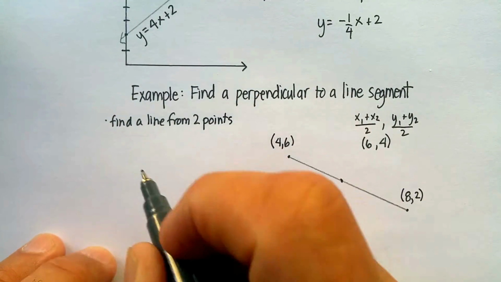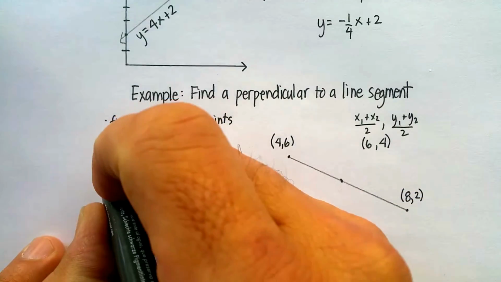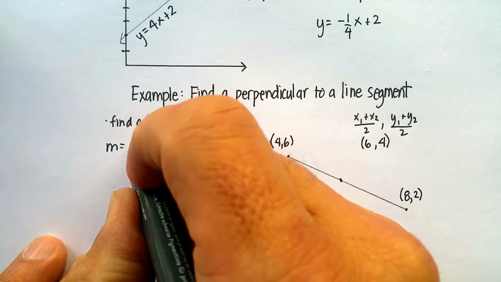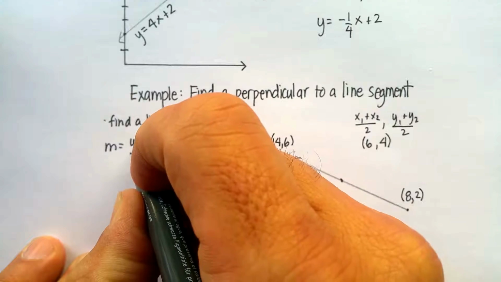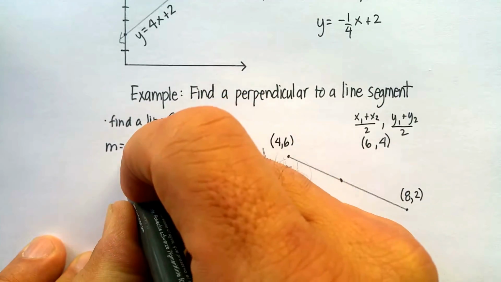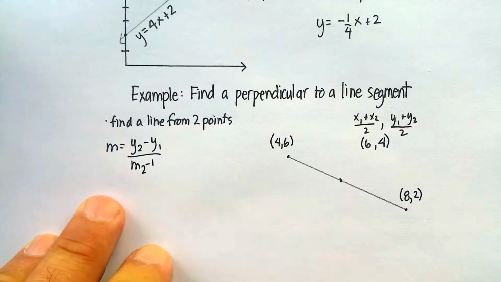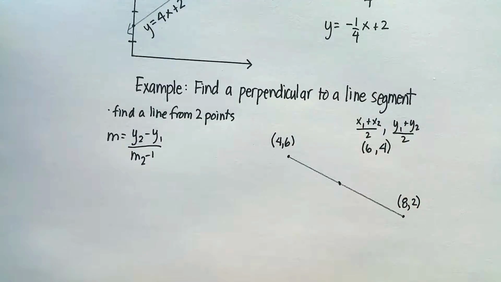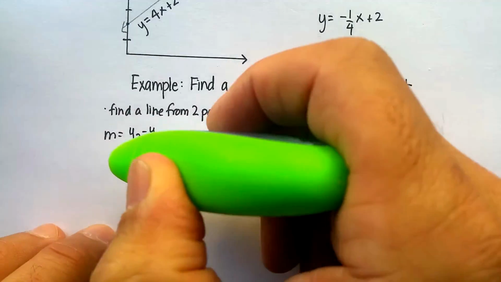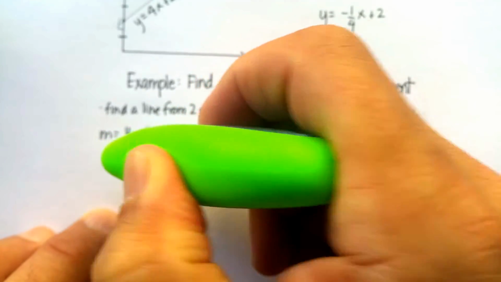I'm going to just basically find the slope. I know that the slope is equal to y2 minus y1 over x2 minus x1. Sorry about that. Got a little carried away with my slope there.